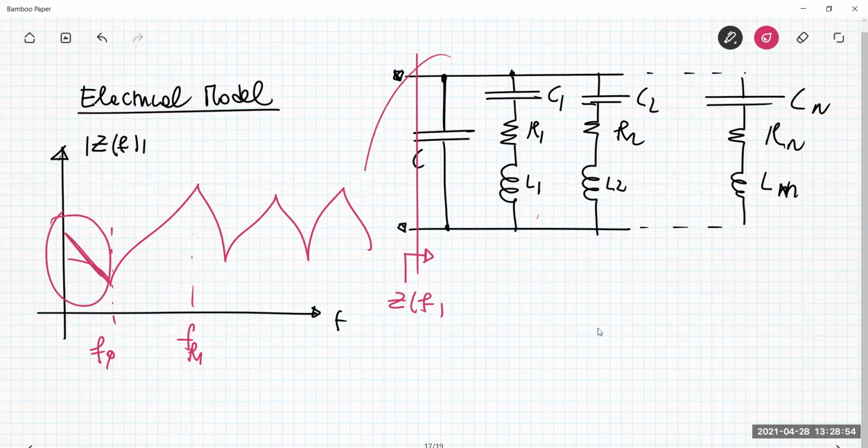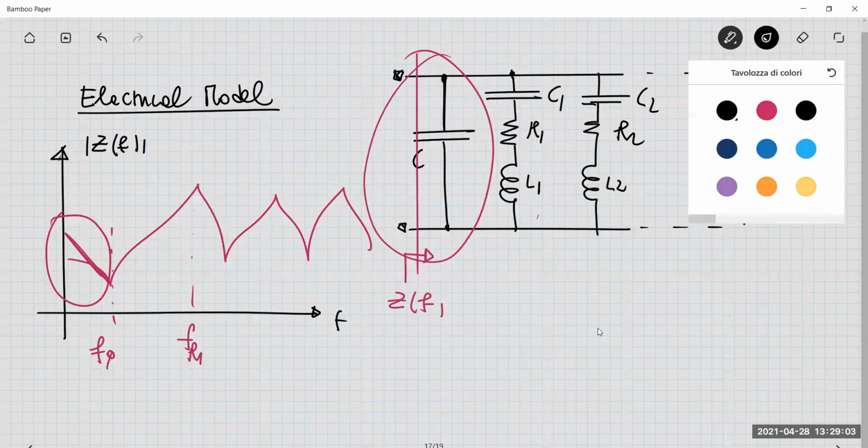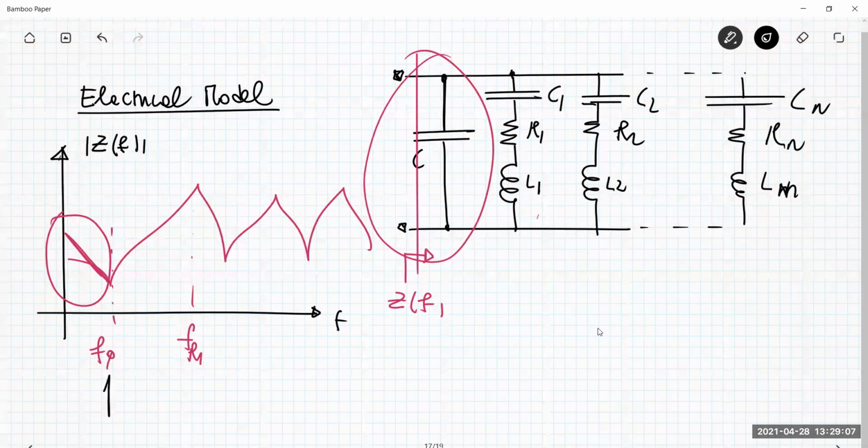So you are just using this first capacitance here as a basic model, but this is only valid if you are driving your piezo material with a frequency which is less than the first resonance.